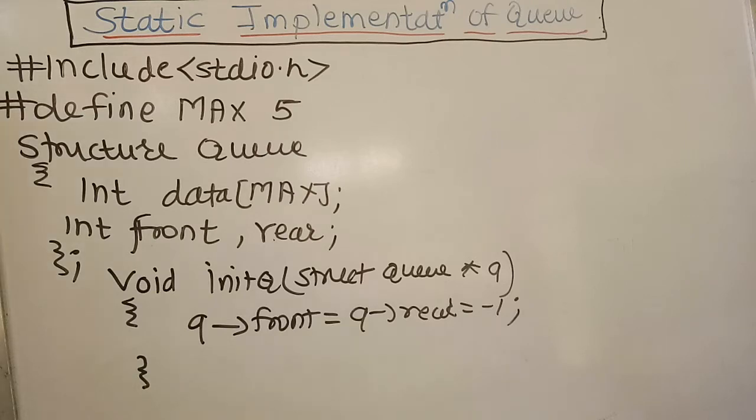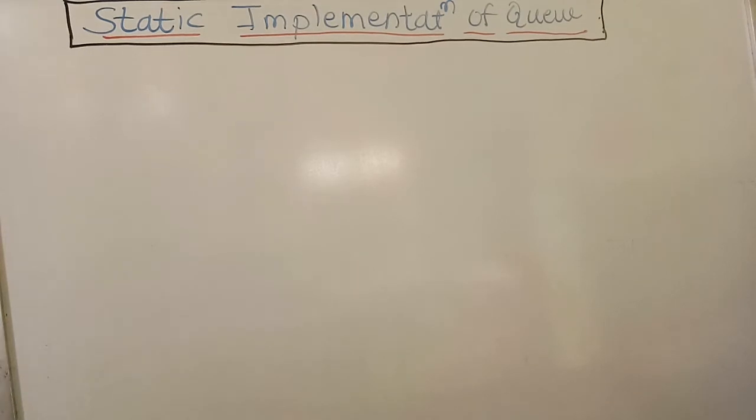Before moving towards insertion or deletion, we have to check whether the queue is at the empty position or at the full position. So now we will try to write the functions for empty and full. Now we will write a function for checking whether the queue is empty or not.